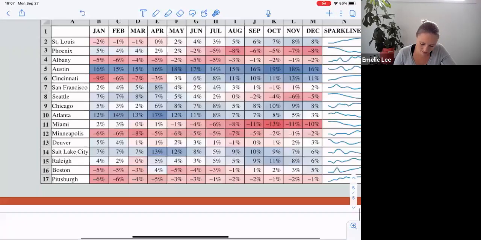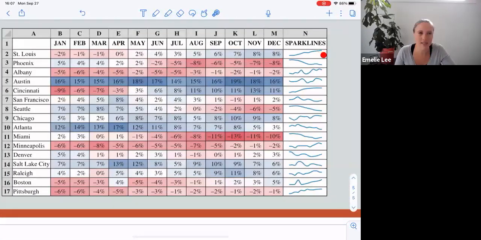And sometimes it'll be helpful to include the sparklines here, just to see if there's some sort of trend. Notice that there's no axes, so it's all relative. Here, St. Louis started out in the red and then they worked their way up into blues, whereas here, Phoenix started up in the blues and then went kind of deep red and then went up a little bit and then down a little bit.